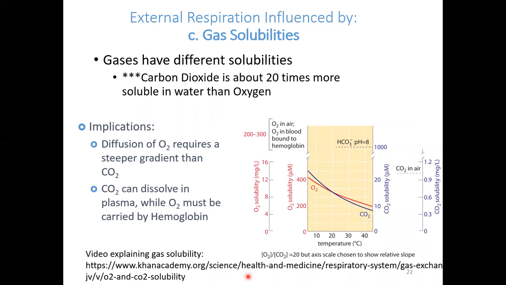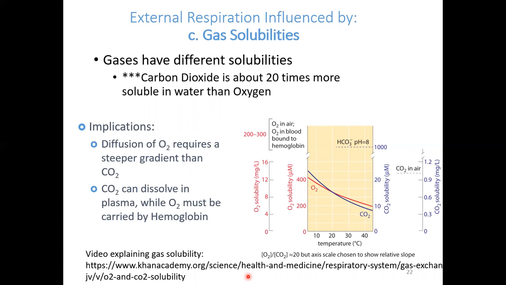What we need to know for this class, however, is that between Dalton's law and the different solubilities of gases, CO2 versus oxygen, this means that diffusion of oxygen requires a much steeper gradient, so a little bit more coercion than the carbon dioxide concentration gradient, or partial pressure gradient, that is.